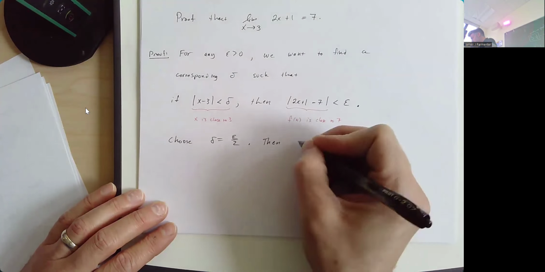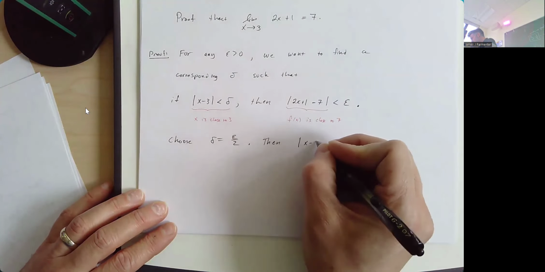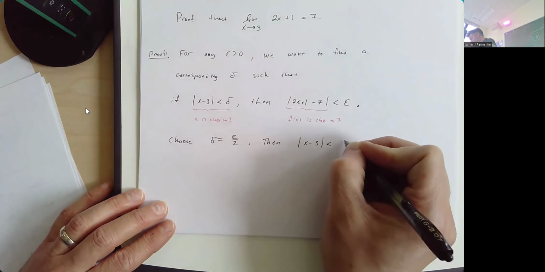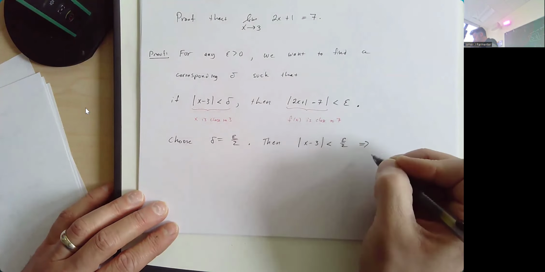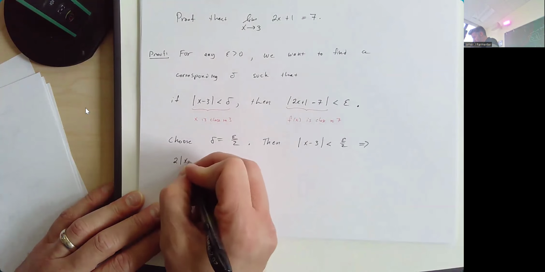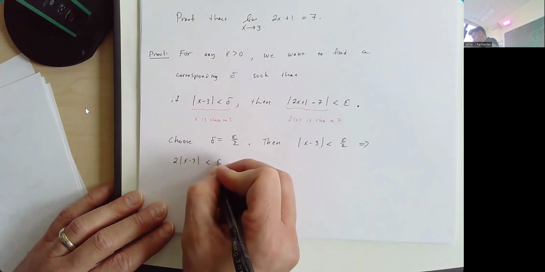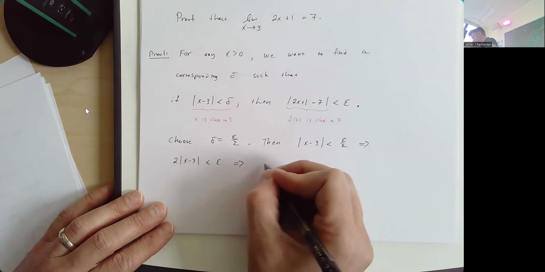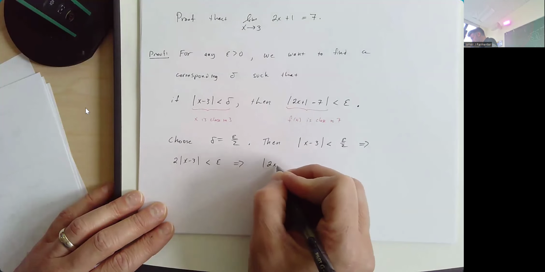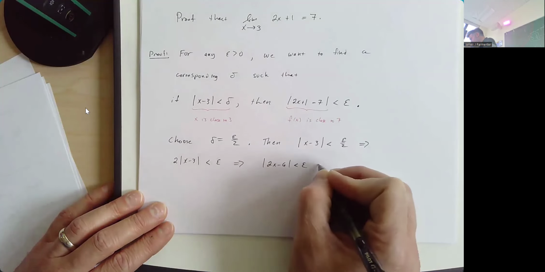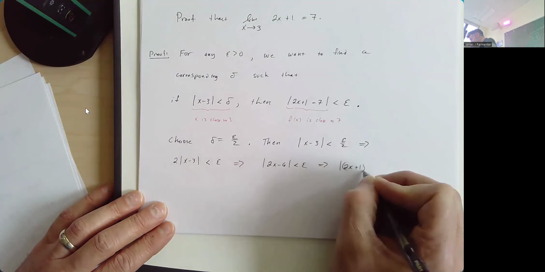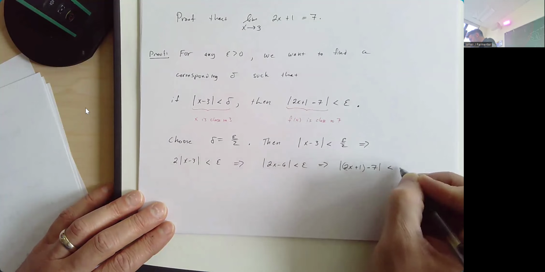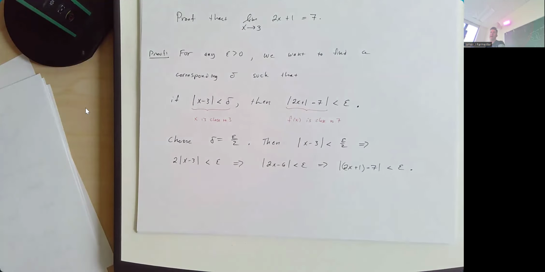Then the absolute value of x minus 3 less than epsilon over 2 implies that 2 times the absolute value of x minus 3 is less than epsilon, which implies that the absolute value of 2x minus 6 is less than epsilon, implies that the absolute value of 2x plus 1 minus 7 is less than epsilon. As desired.